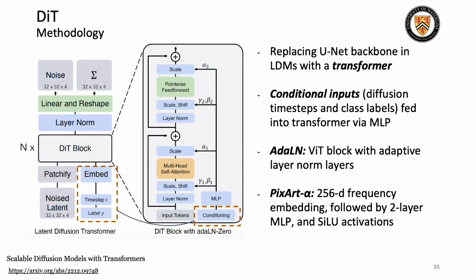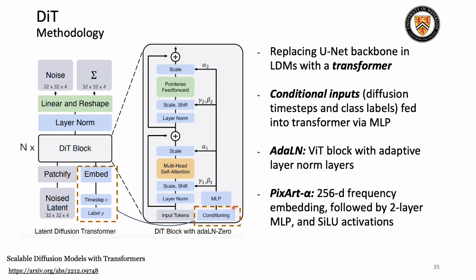So this paper leverages the diffusion transformer architecture, which pivots an architectural change from the traditional UNet backbone of latent diffusion models to a transformer-based model. The diffusion transformer operates first by converting noise to linear layers and reshaping, followed by normalization and processing through multiple DIT blocks. These blocks are structured with multi-head self-attention and pointwise feed-forward layers, interspersed with scaling and normalization.